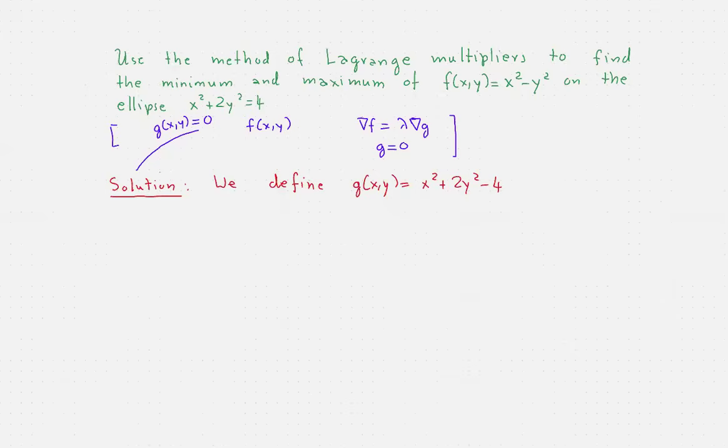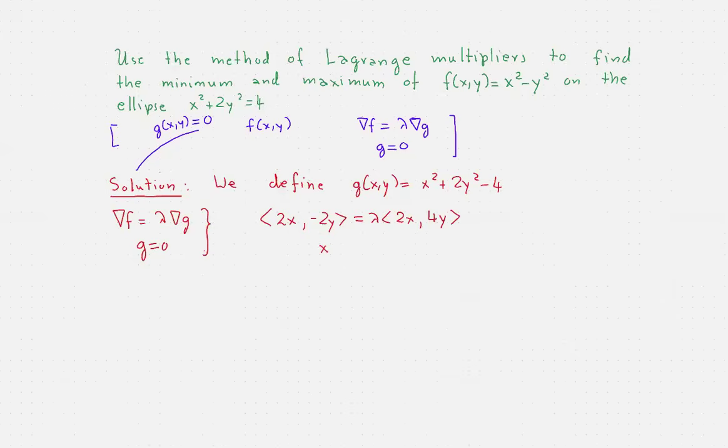Let's rewrite this as the gradient of f is 2x comma negative 2y equals lambda times the gradient of g, which is 2x comma 4y, and we would also like to have x squared plus 2y squared minus 4 equals 0.